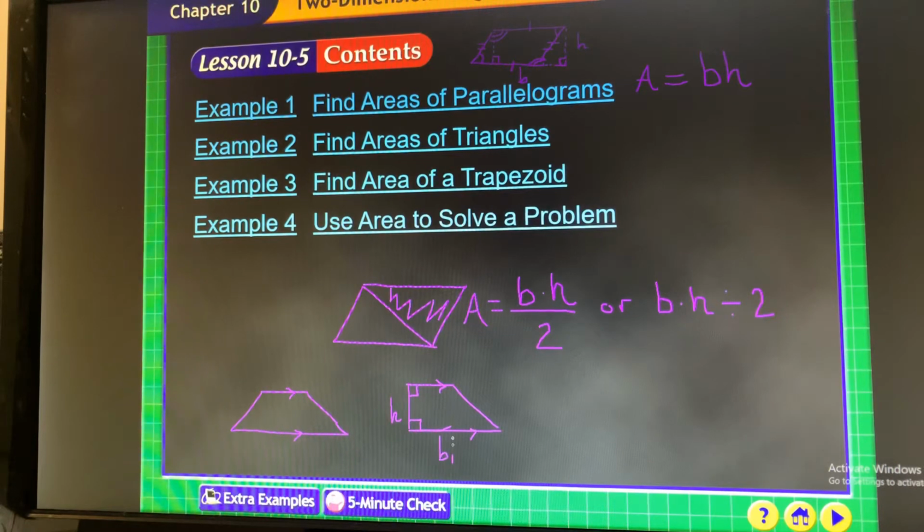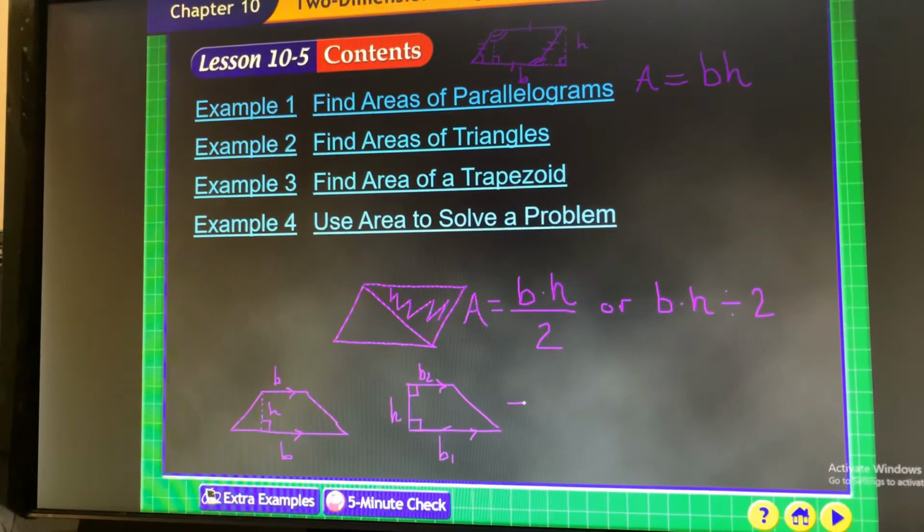Well, there's two bases in a trapezoid. It doesn't matter which one is base 1 and which one is base 2. You just need to know you have two bases. So again, for this one, you would have your height drawn in because you can't measure height on a slant. And then you have your base and your base. And this is your height.